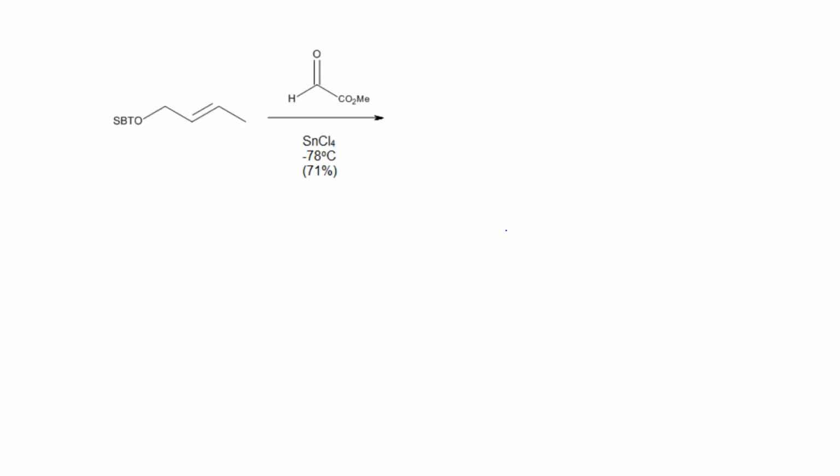Another example, let's try to solve this one. If you consider this as the allylic hydrogen donor and this as the dienophile, what will happen? Obviously this part will attack this, and this OH oxygen will abstract the proton from here.